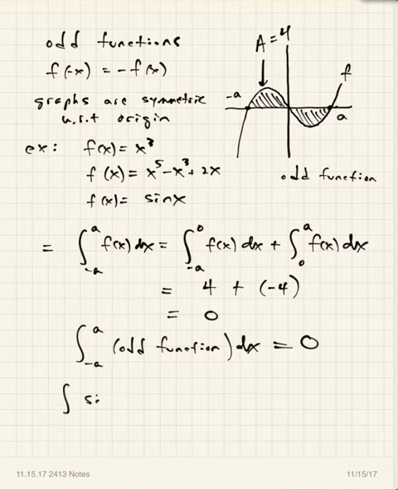If you integrated the sine function, it wouldn't make any difference what the symmetric interval was, but if you went from negative pi over 2 to pi over 2, for example, you don't need to do anything there. That should be 0. All right, so those are situations that would be good to be aware of as you're going through integration, definitely.